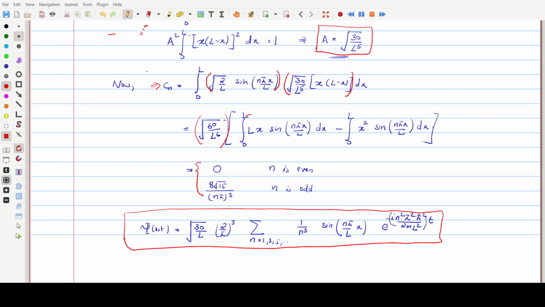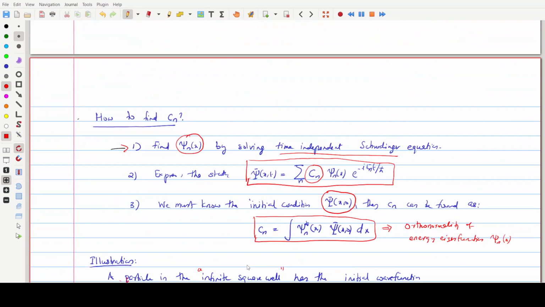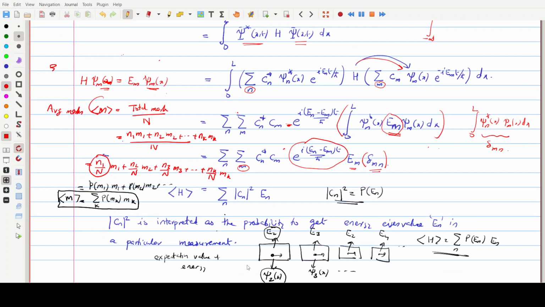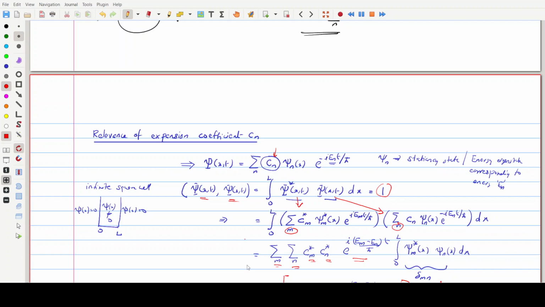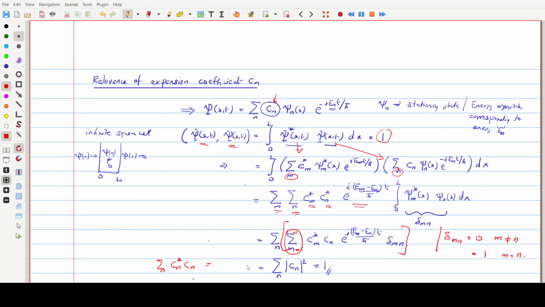So I will just summarize what we have discussed so far. We tried to find the meaning of Cn, the relevance of the expansion coefficient Cn.